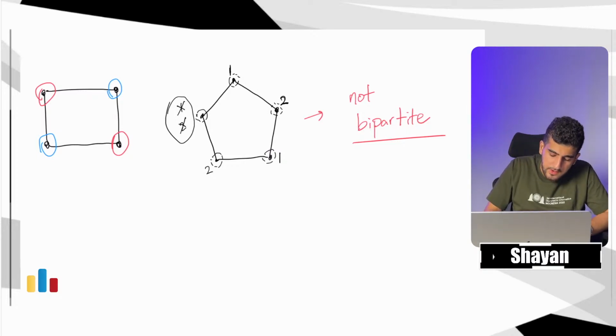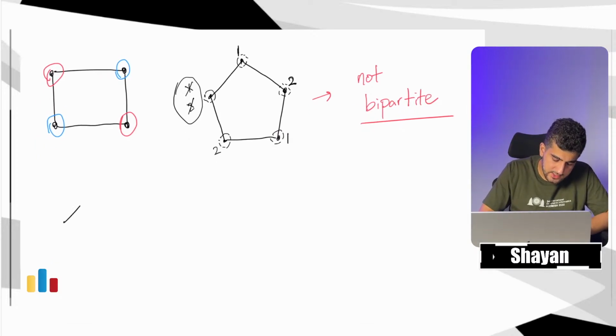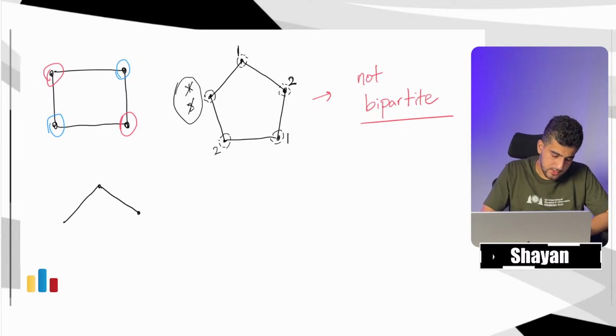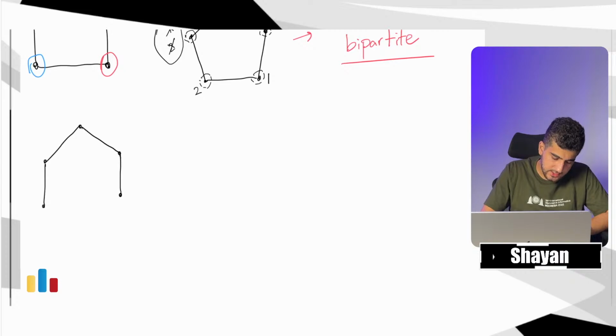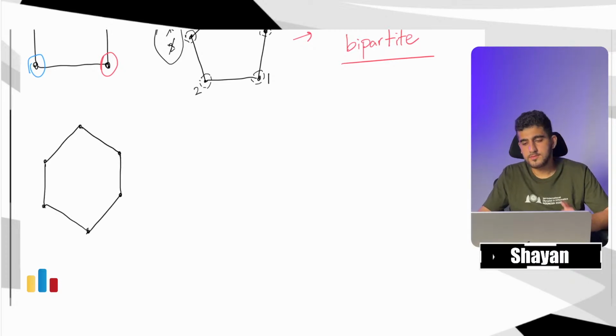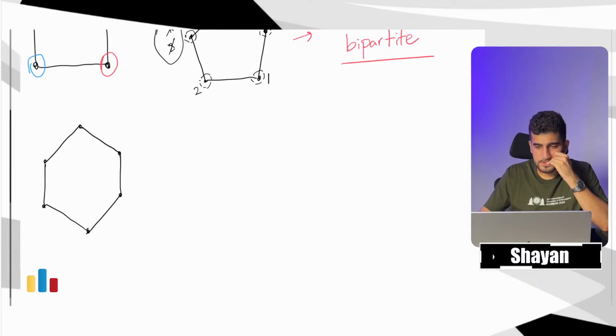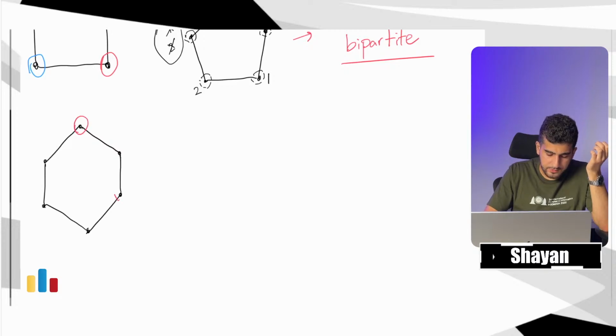Okay, now what if I have a cycle of length 6? Assume that I have a cycle this time of length 6, like this. Is this one bipartite or not? Yeah, as you said, it is going to be bipartite, because again I can put these ones to be red and these ones to be blue.